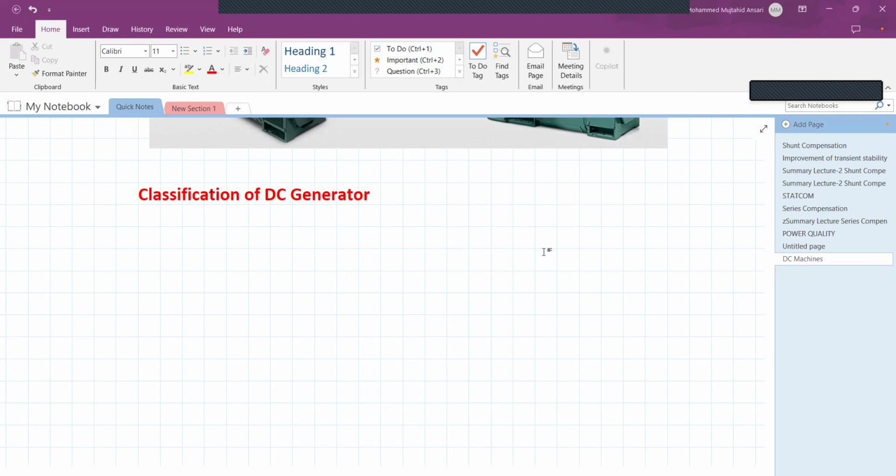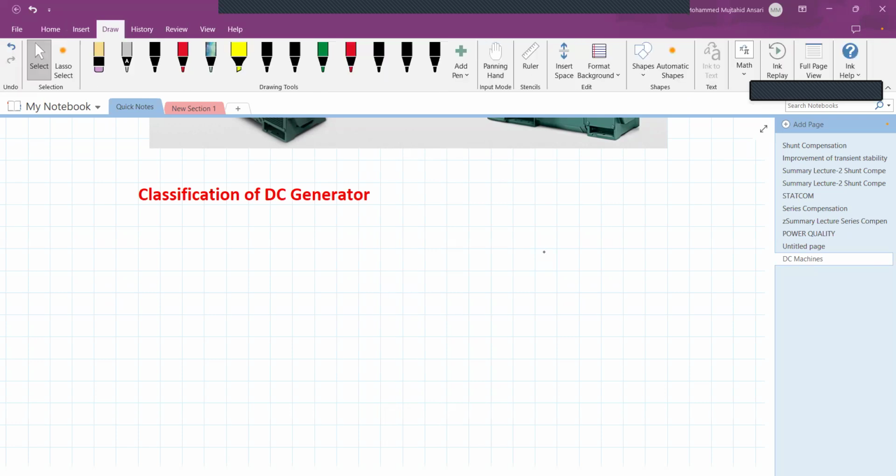So from the point of view of construction, we have discussed the different parts of the DC machine.